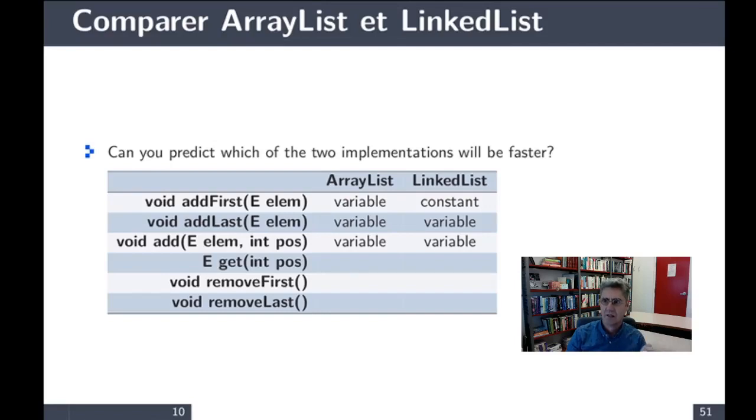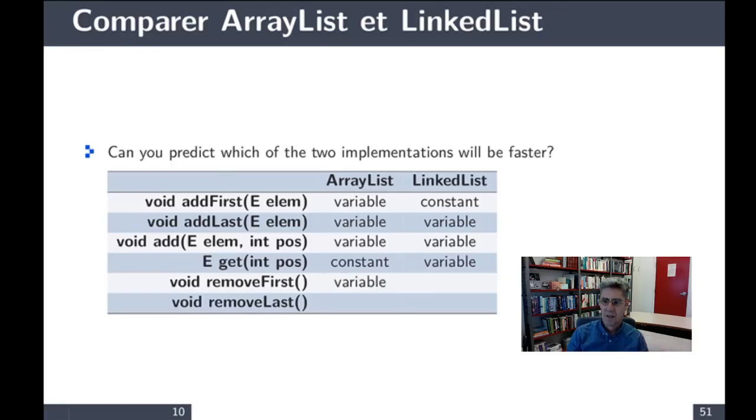The time that it takes to do a lookup, to consult a position inside an array, is constant. And therefore here we're able to implement get in constant time. Get for the list requires traversing, therefore the time is variable.